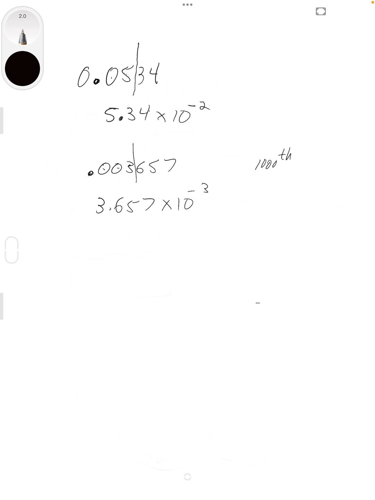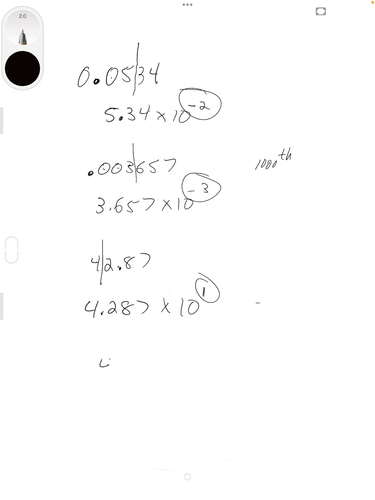So if I have a number like 42.87. Okay, in this case, this number is bigger than 1. So I look at my first number, and I write it as 4.287. And this time I write 10 to the, in this case, how many places from the decimal? It's only 1. So if it's a number bigger than 1, notice this exponent is positive. If a number is smaller than 1, notice these exponents are negative.